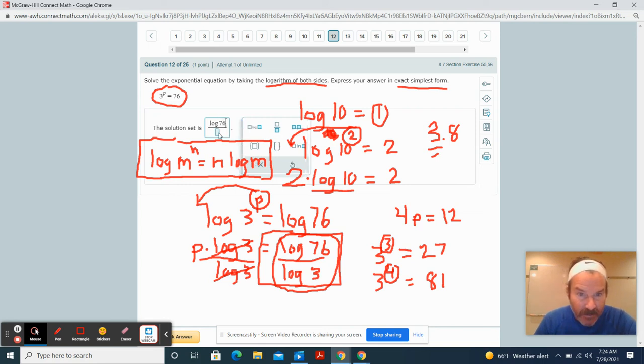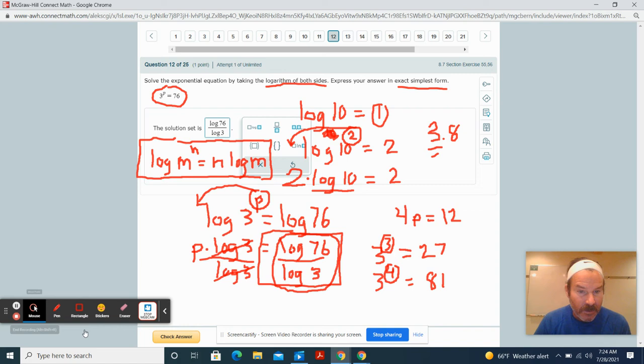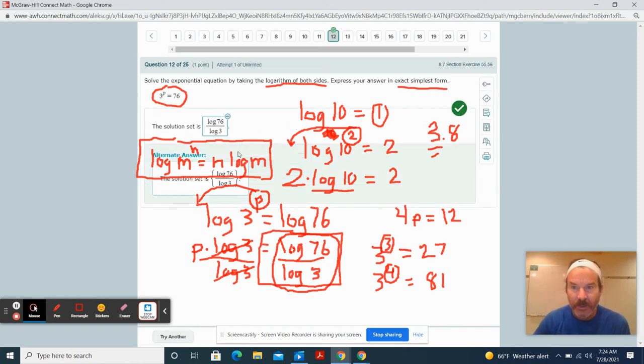And then on the bottom, make sure you click log again because you have a log over a log. And this is 3. And then you can check your answer. There we go. Took a little while to get that green check mark.